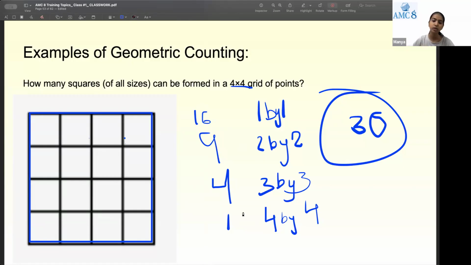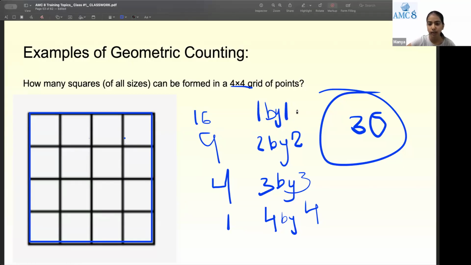So then this would be the opposite way. So instead of doing 4 by 4, which is equal to 16, we're doing 1 by 1. So this may look confusing, but I'll explain this. See, this is a 1 by 1 here.